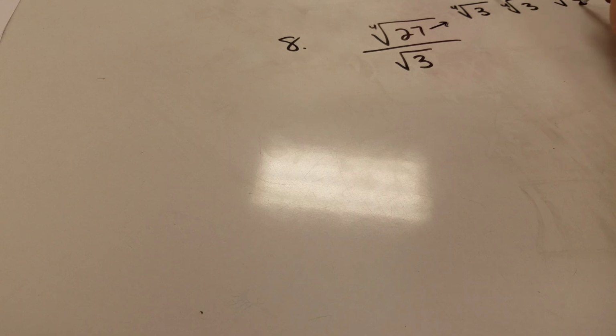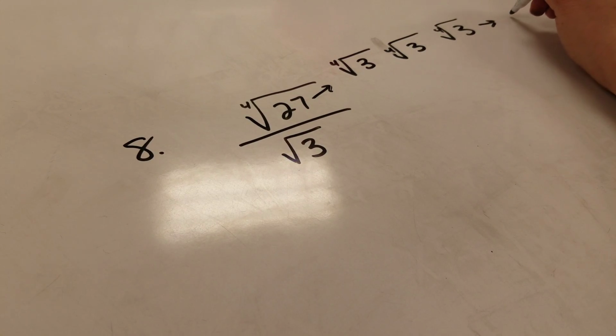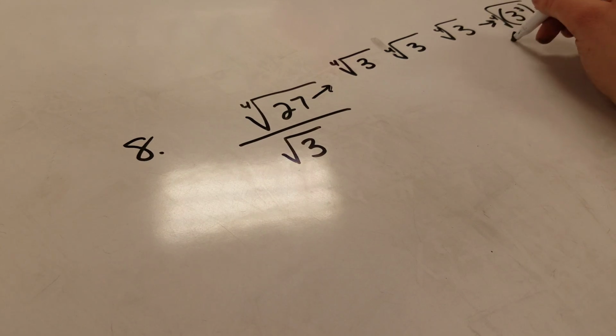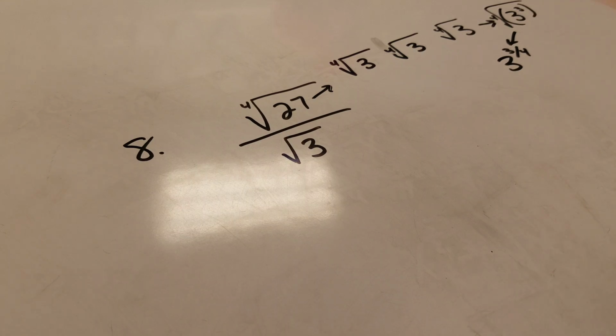Okay, then I'm going to rewrite this. Okay, there's 3 3s, so that's a power of 3. So I'm going to rewrite it as 3 cubed to the 4th root, and then I can rewrite that further to 3 to the 3/4.